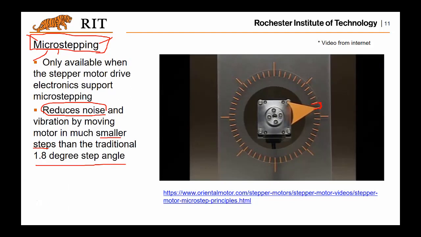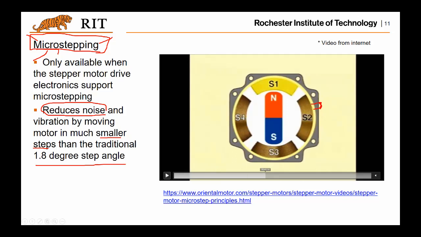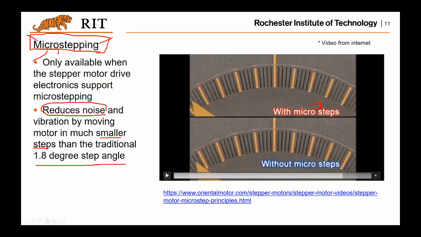But as you can see here, actually this motor moves in smaller steps. See, there are smaller steps in their motion. So basically that is what microstepping does. So that there will be a smaller motion realized with the microsteps.